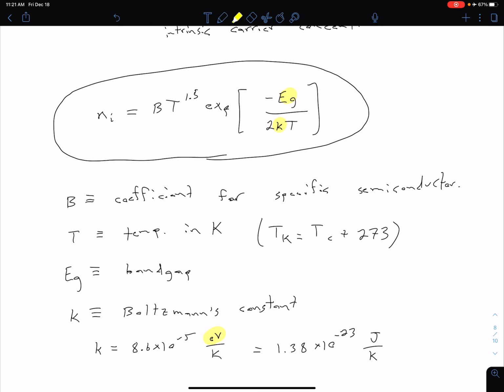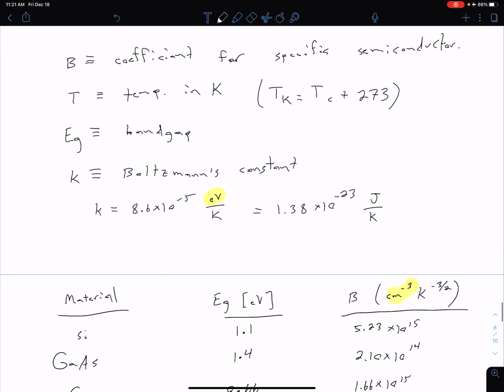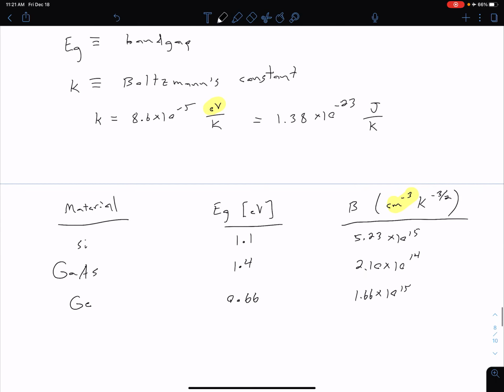So that ultimately, typically we report this as units of per cubic centimeter. That means we have so many electrons per cubic centimeter, or so many holes per cubic centimeter. And we're going to see in the example on the next slide that based primarily on this band gap and the temperature, we're going to have different concentrations for different materials.